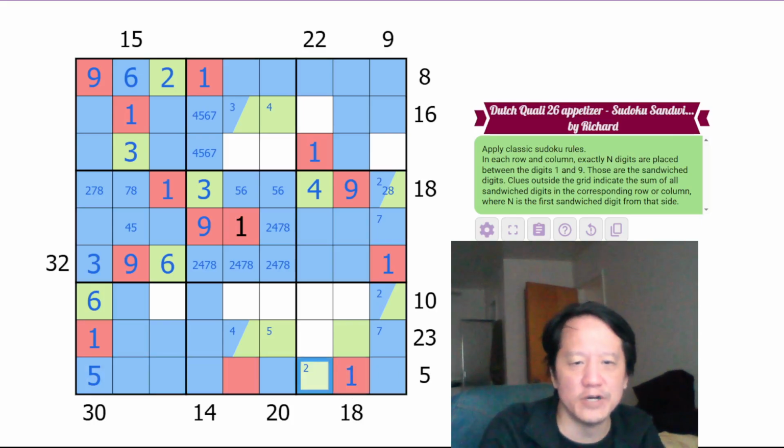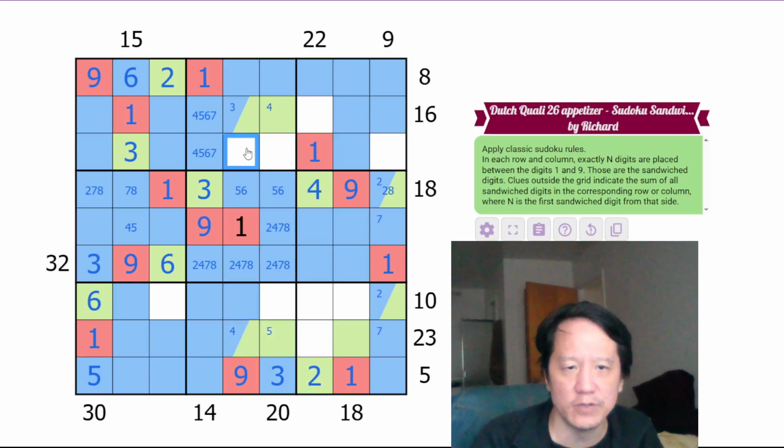So this is 1, which makes this 2. This is 2 and 3. This is 9. That eliminates crust from the rest of the column because we have 2 crusts in the column. So crust of 9 has to be one of these 2. 1 can't be here as crust because of 1 in the row. We can't have 9 here.